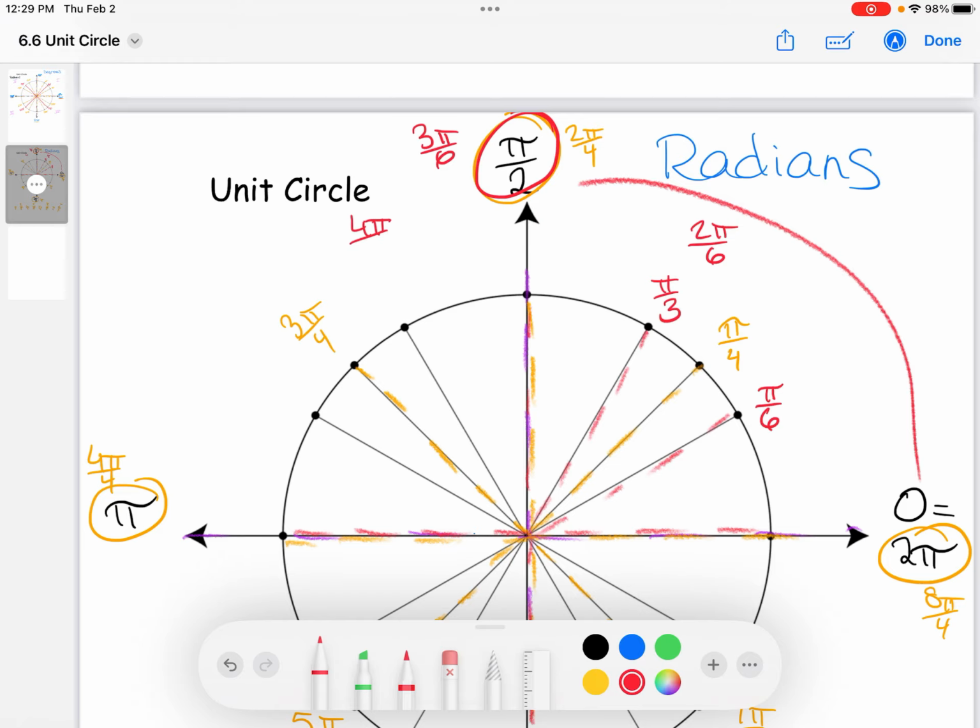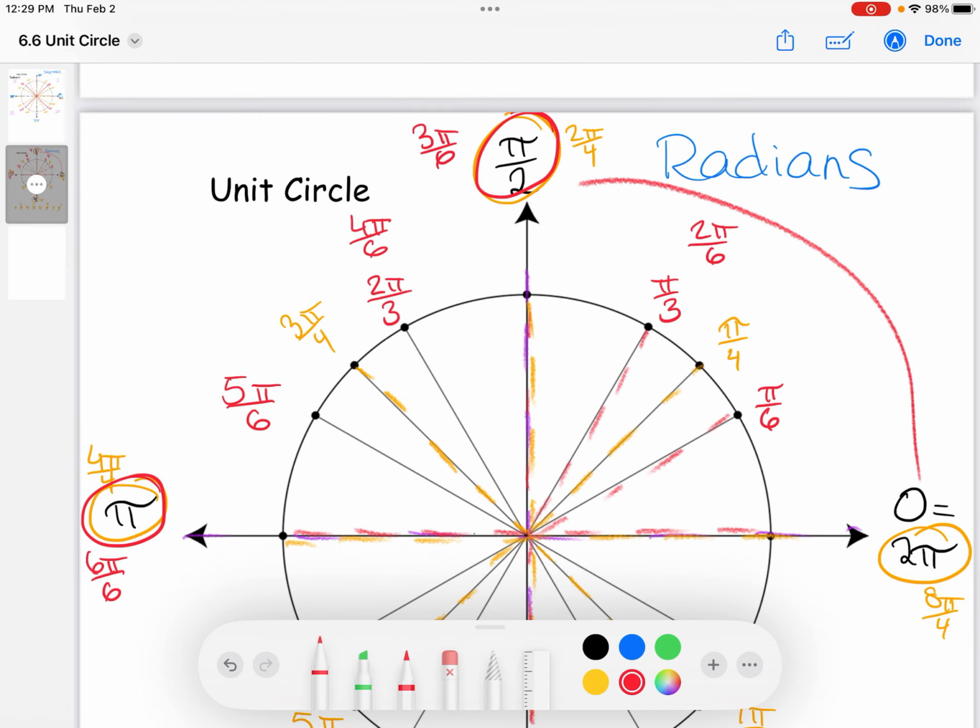Then 4 pi over 6, which is 2 pi over 3. Then 5 pi over 6, and 6 pi over 6, which is just pi. So the axis and every other spoke is going to be able to reduce.